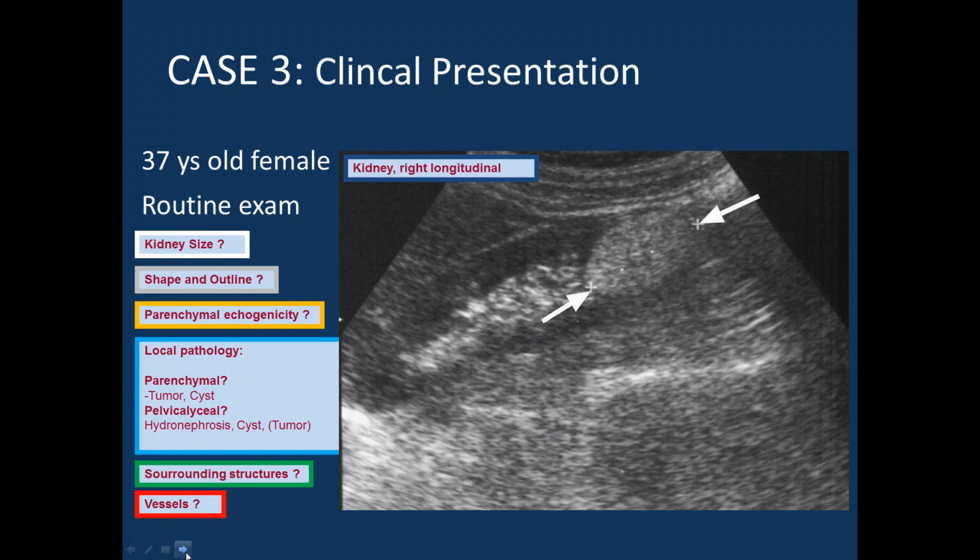We see that the liver is only a little bit more echogenic than the right kidney. That means the kidney has a normal echogenicity, a dark gray hypoechogenic appearance with smooth borders and a normal broadness of the parenchyma.